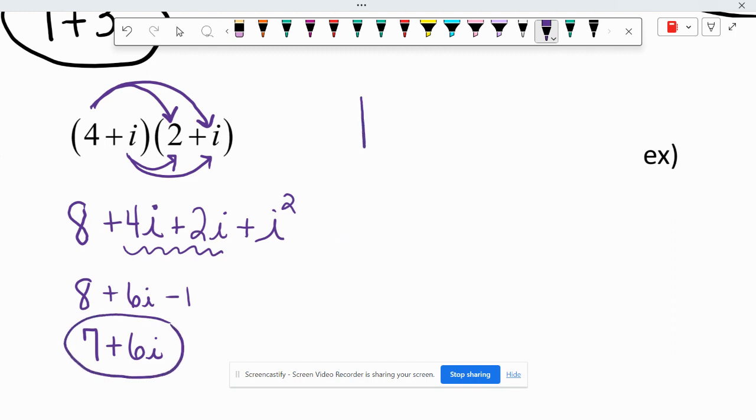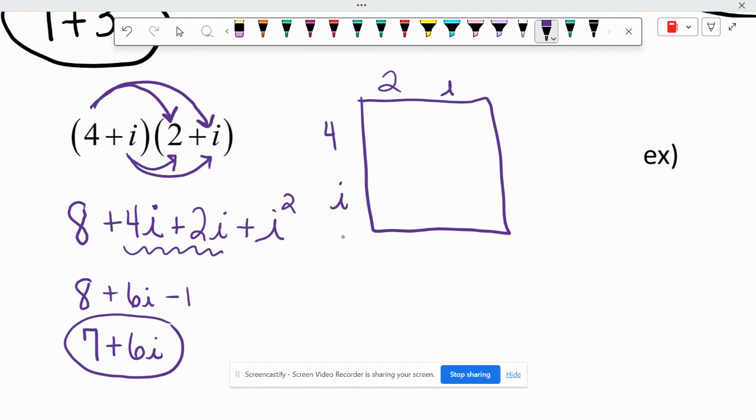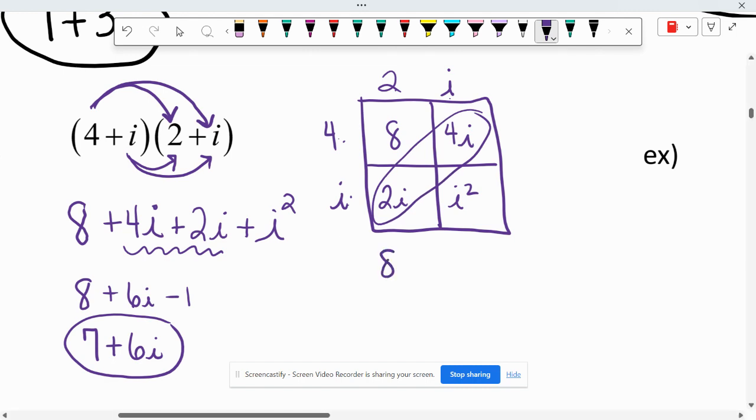I'm going to draw this as a box for those of you that like the box instead of the FOIL. 4 and i, 2 and i. 4 times 2, 8. 4 times i, 4i. 2 times i, 2i. i times i, i squared. You can combine those terms in the middle, so you get 8 plus 6i.